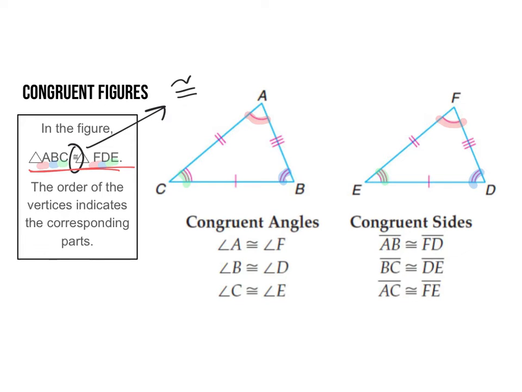The same thing would be true with the sides. So AB is congruent to FD. Again, if I look at the order, AB is the first, FD is the first. BC is congruent to DE, and then AC is congruent to FE. So again, based off of this congruence statement, that gives us a lot of information.